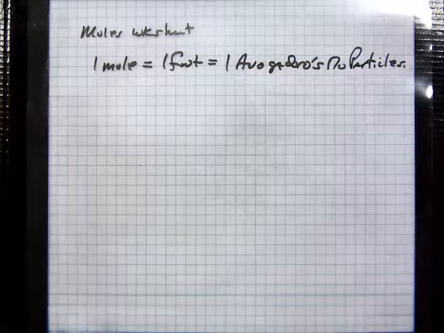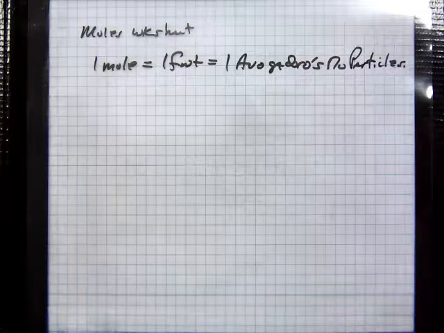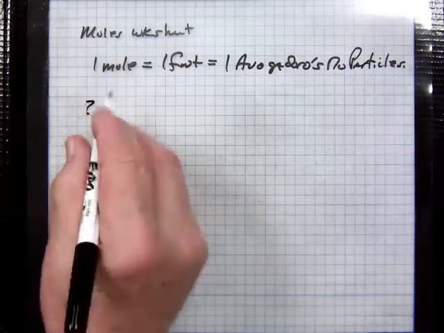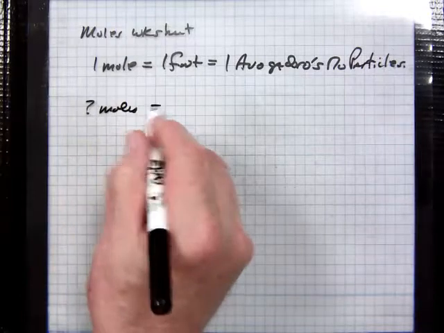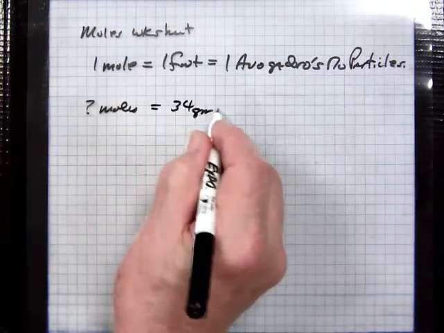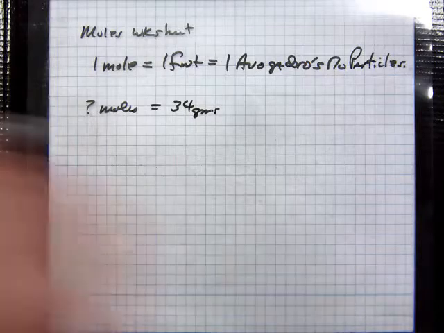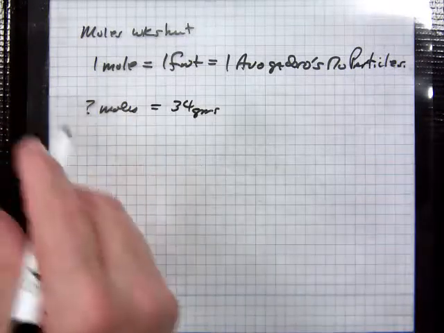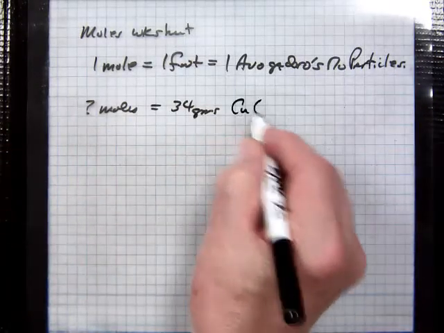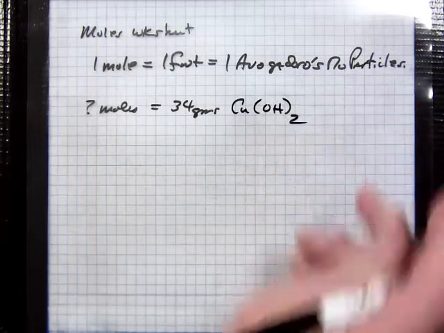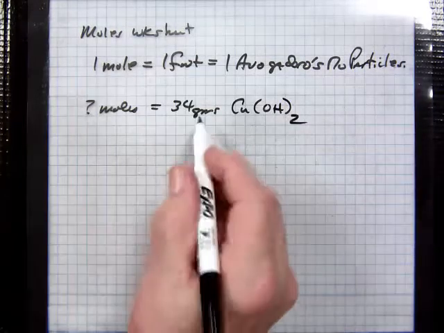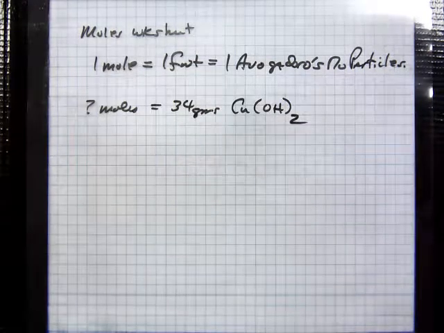All right, then he goes on, how many moles are present in 34 grams? Okay, so how many moles equal 34 grams? From grams to moles, I told you divide by formula weight. Wait a minute, what's the substance? Copper hydroxide. So you need to think in terms of converting that to moles.